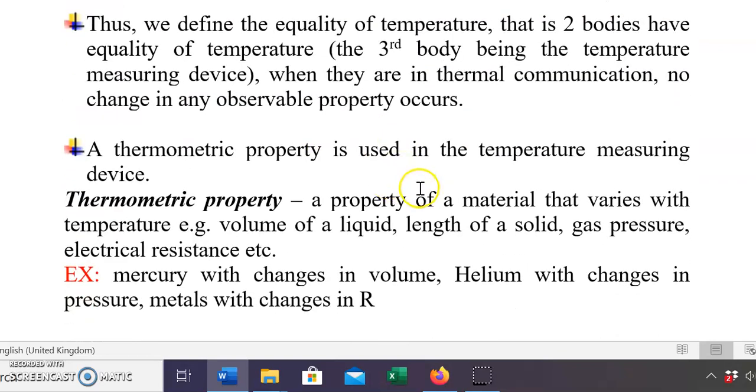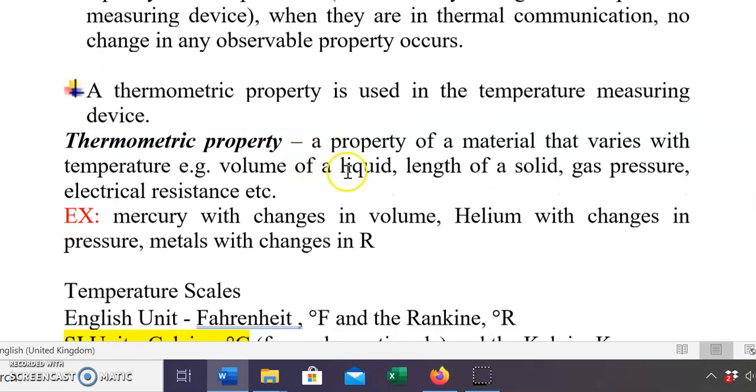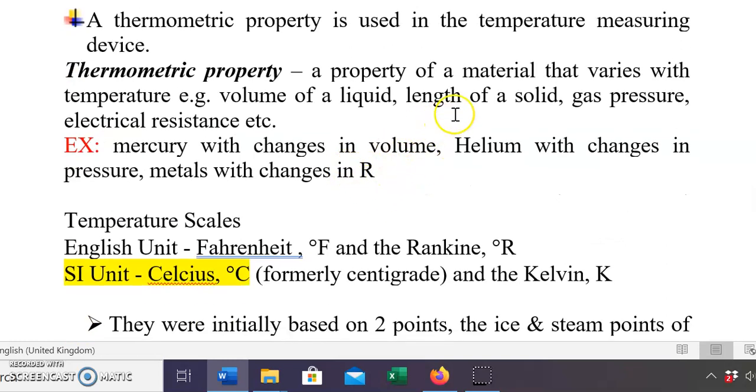So how do we use a temperature measuring device? It's based on the thermometric property. A thermometric property is a property of a material that varies with temperature, e.g. the volume of a liquid. If you have mercury in your thermometer, as the surrounding gets warmer or hotter, the volume of mercury expands.